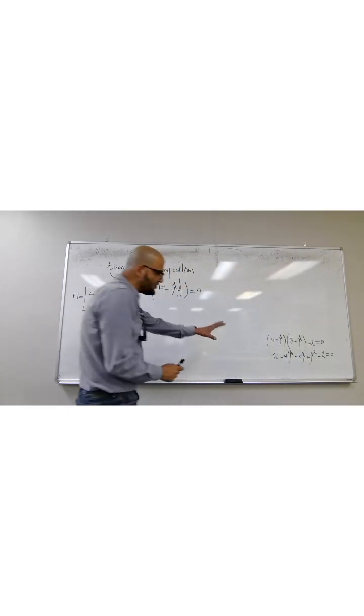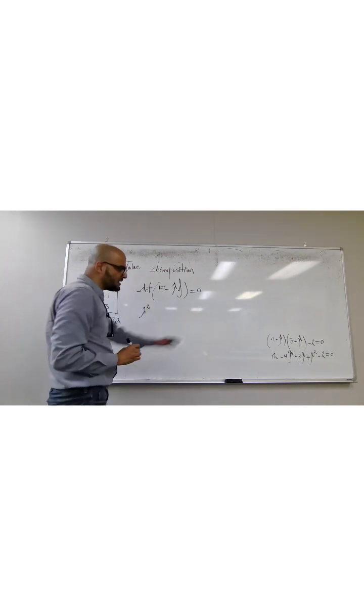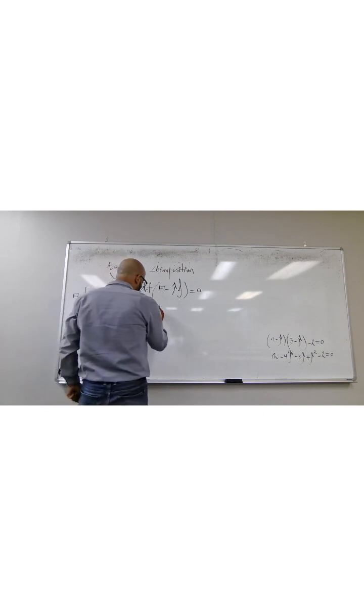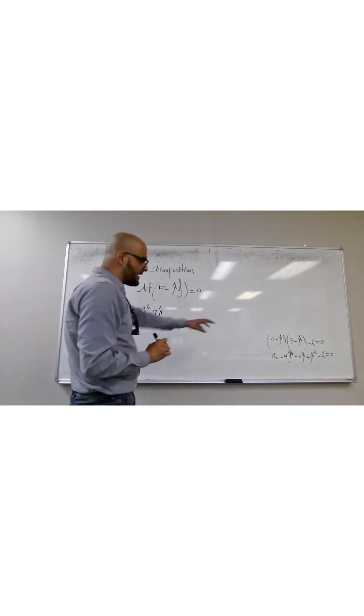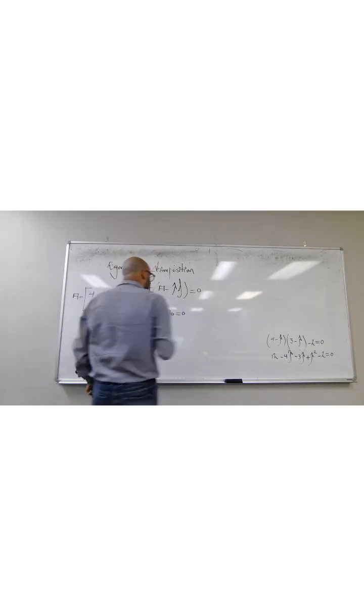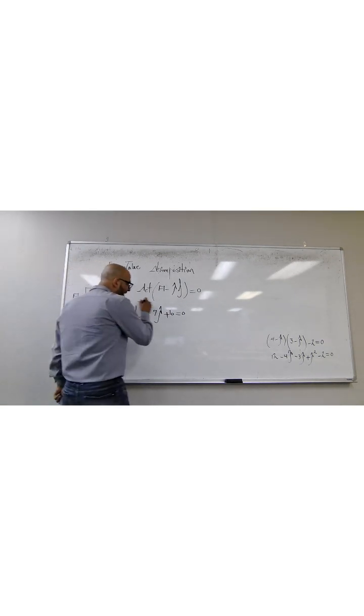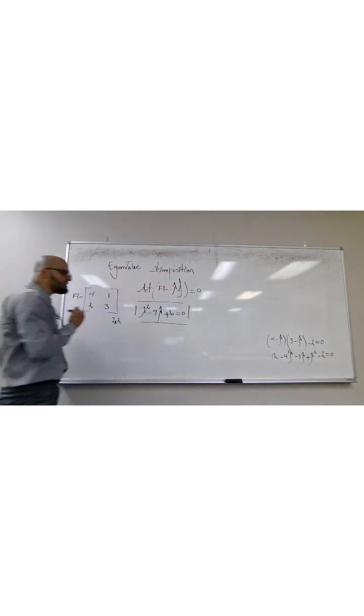Then you see that if you just rearrange the terms, you have lambda squared minus 7 lambda plus 10 equal to 0. Okay, now this is the simplified format of the characteristic equation.